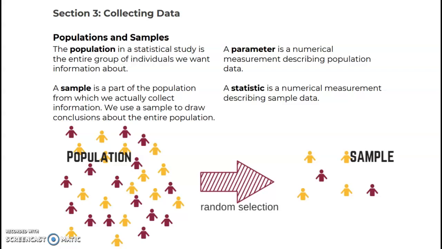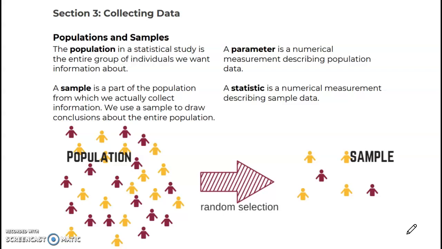The idea is if we can collect a sample in such a way that it is representative of the population, then we can calculate a statistic, and with that, we can do an inference about the population. Now, today we're going to look at different sampling techniques, and again, the idea is choose a sampling method that gives us a representative sample.